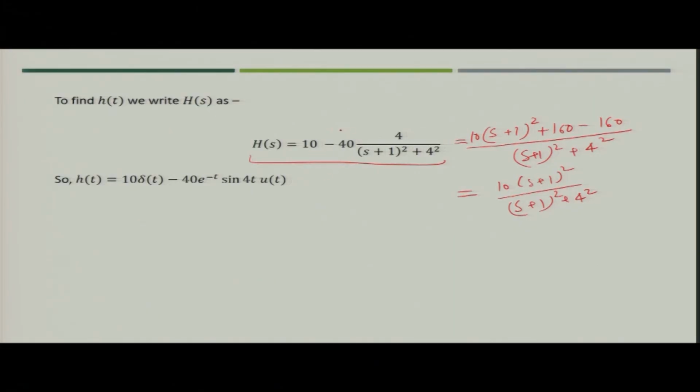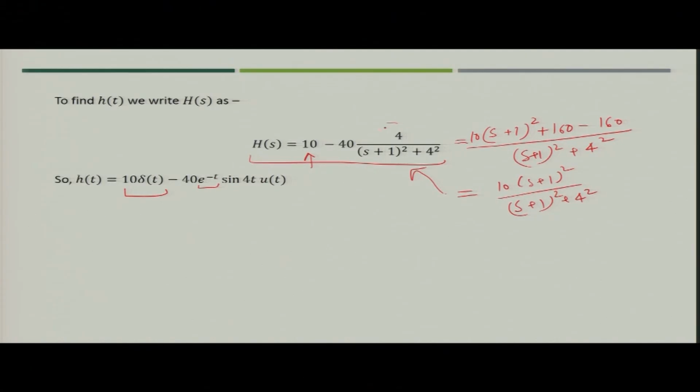So, it means that you can say that 10 into S plus 1 square upon S plus 1 square plus 4 square can be arranged in this form. So, when you arrange it in this particular form, the inverse Laplace transform of Hs is nothing but 10 multiplied by the unit impulse function minus 40 into, since we have this frequency shift function, that is S plus 1, this will become e to the power minus t.